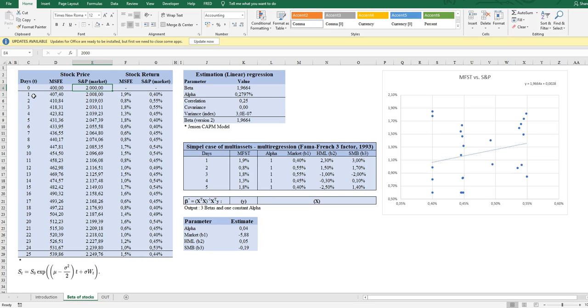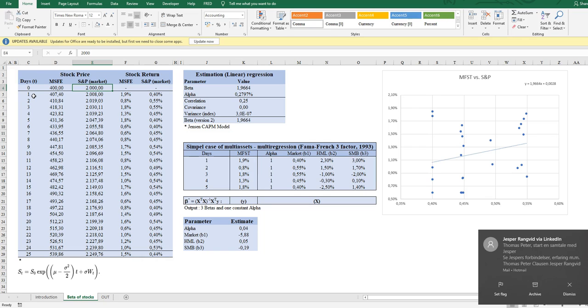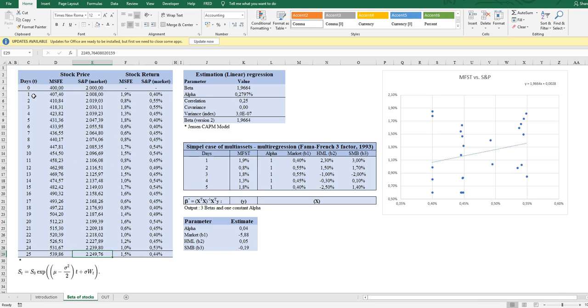Here we have the S&P market starting from 2000 ending in 2250. And here on the right-hand side, what we need is the stock return, the simple stock return from T versus T minus 1.